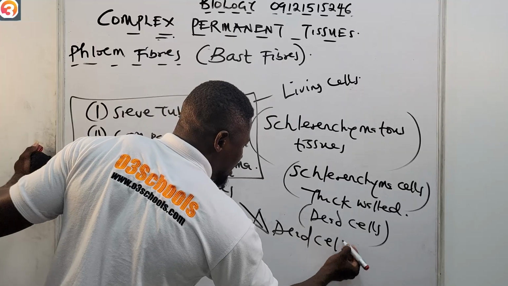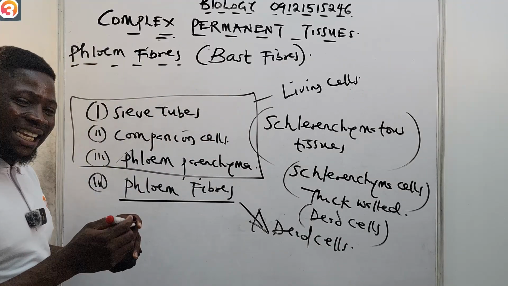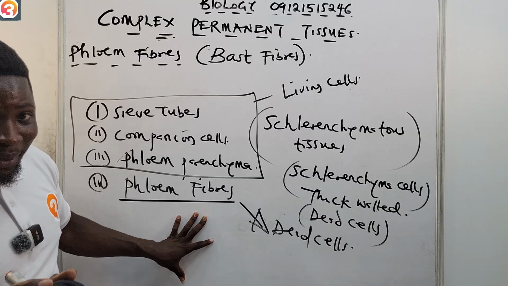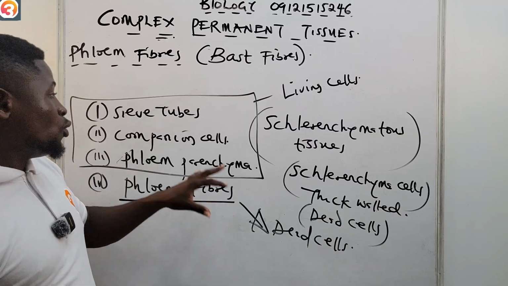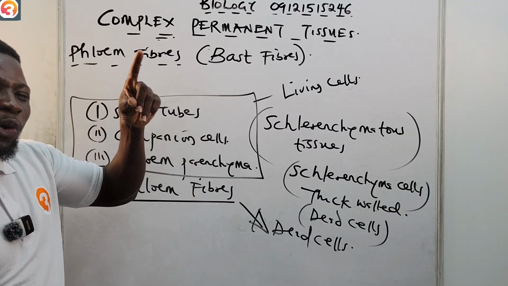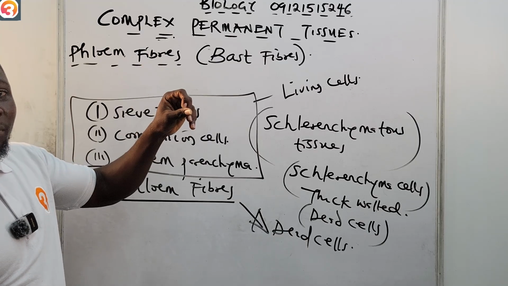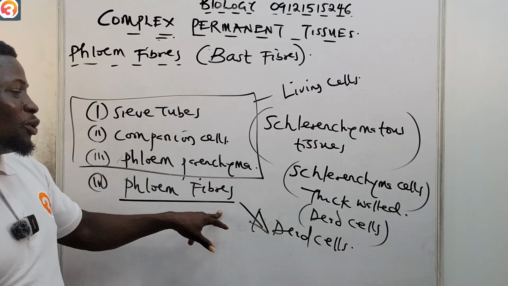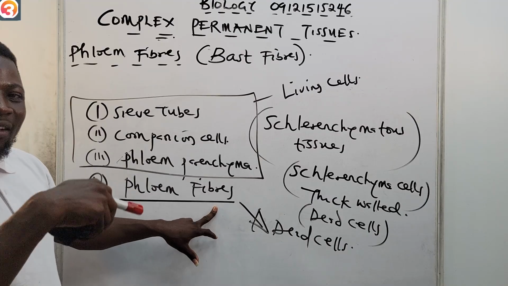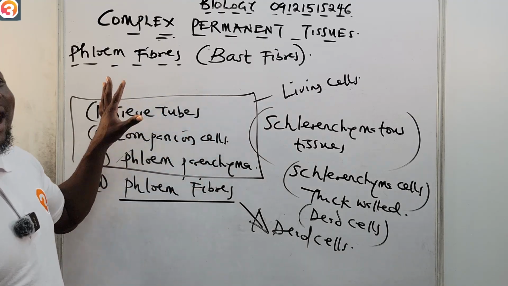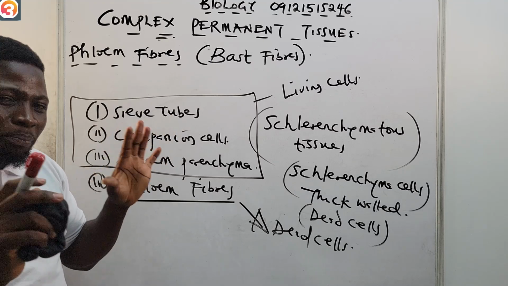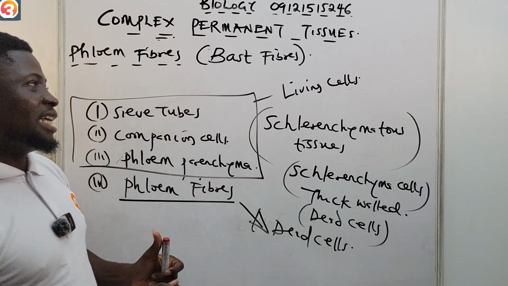They are the only dead cells among the phloem components, while the xylem parenchyma is the only living cell among the xylem components. Do you get it now? Please understand that and keep it, because you can be asked in an exam.